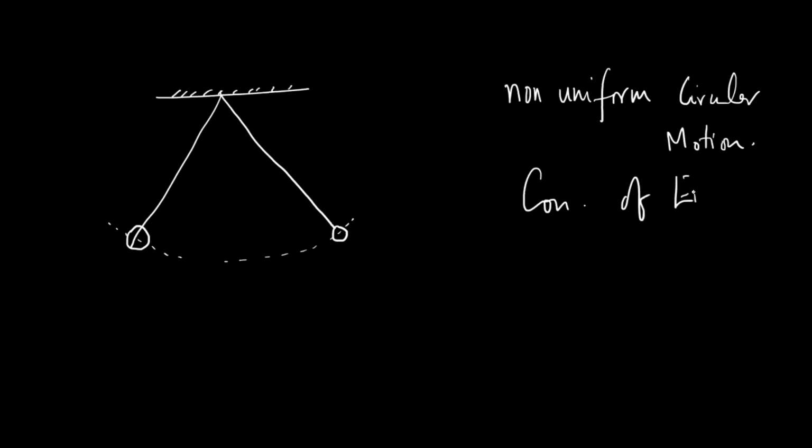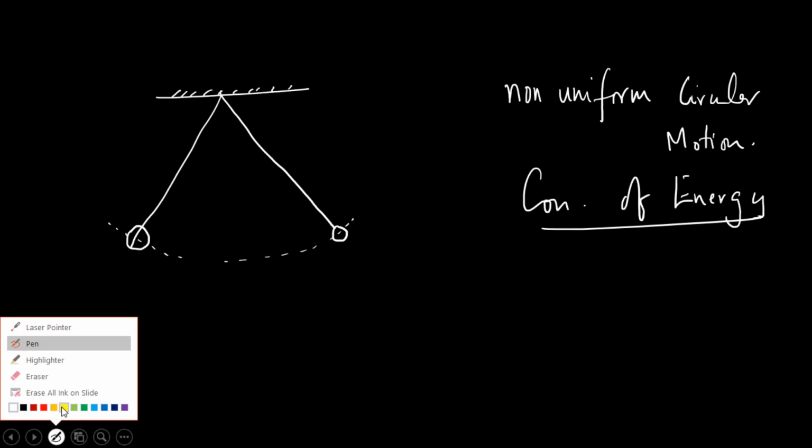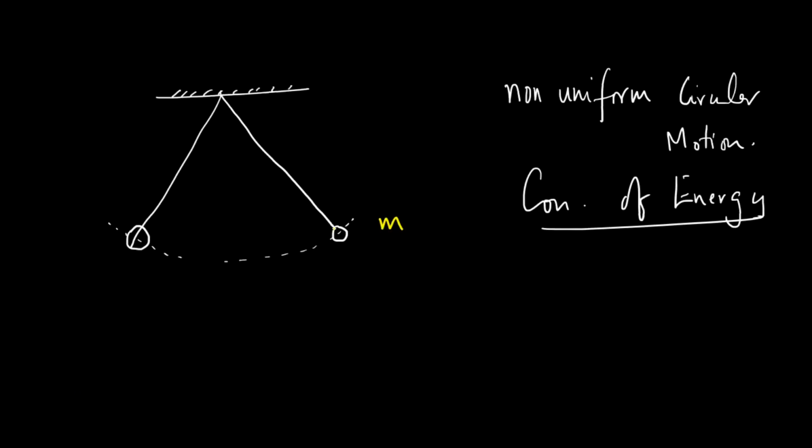So how does one get the answers from the conservation of energy? What is the reason why the conservation of energy works very well? Now because it's a point mass, one can write down the forces. Now there is a tension, then there is gravity.